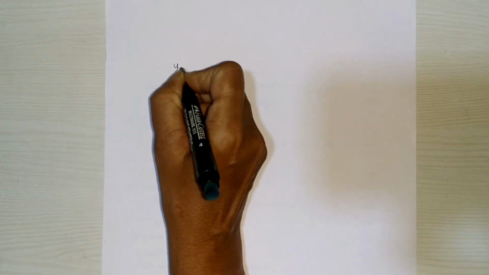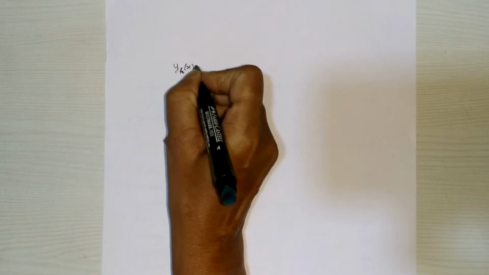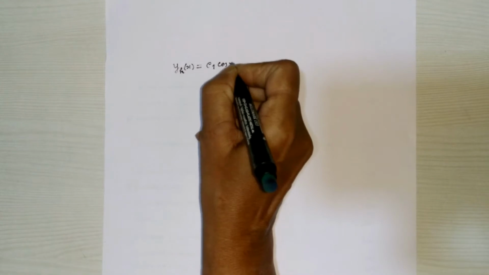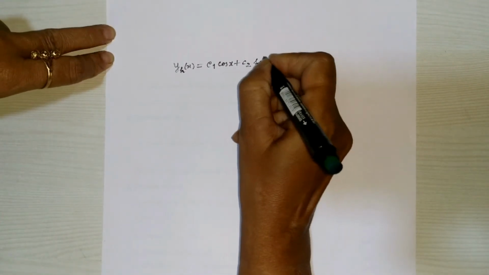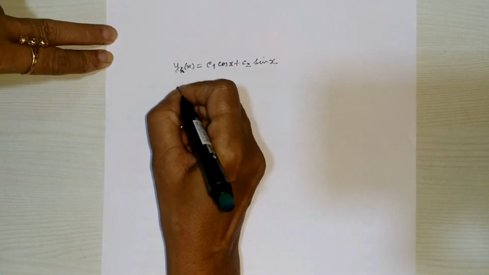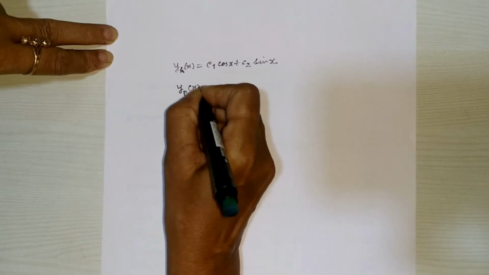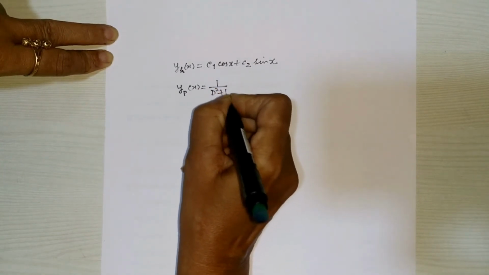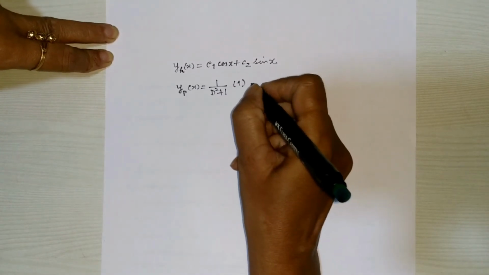The solution of the homogeneous equation, suppose we denote by y_H, is equal to C1 cos x plus C2 sin x. The particular integral y_p(x) is equal to 1 upon D squared plus 1 of 1, because R(x) is equal to 1.